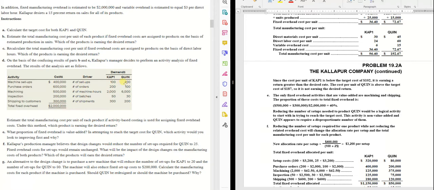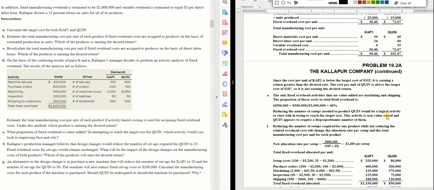So this one's changing to 25. And so I do it just like before. I've got 400,000 divided by 125 is 3,200 for setup. But please note that I still have the 400,000. So all I'm doing is shifting it from Quinn to Cap in this particular case.